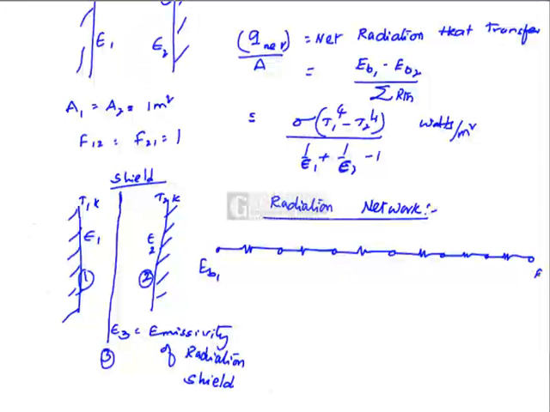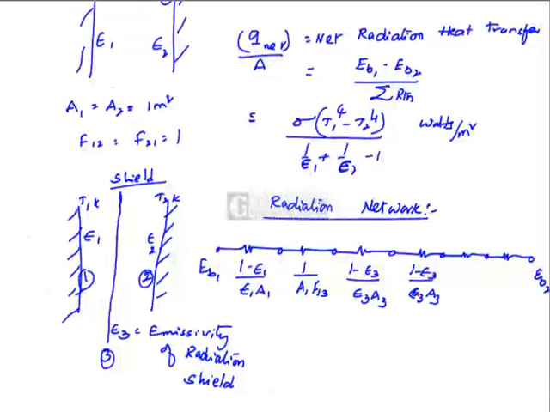EB1, EB2. First resistance is the surface resistance of surface 1. Then the space resistance between 1 and 3, that is 1 by A1 F13, 3 is the shield. Then we will have the surface resistance of the shield, then again the surface resistance on the other side of the shield.